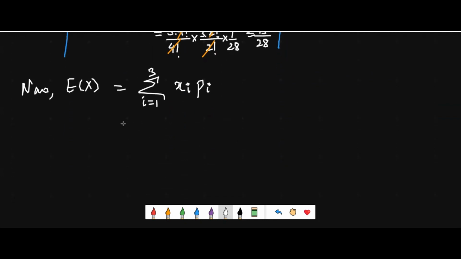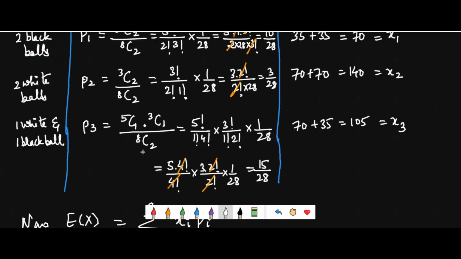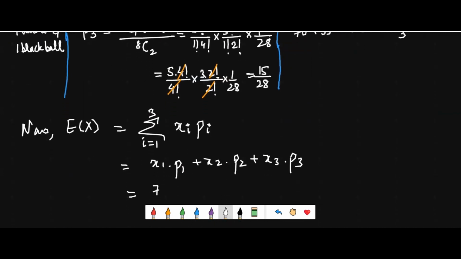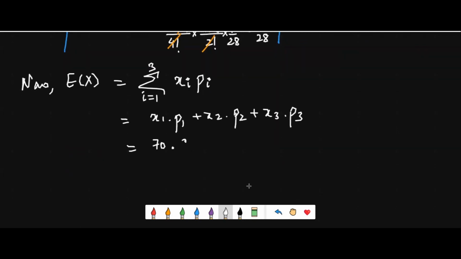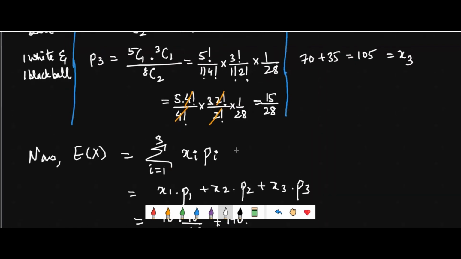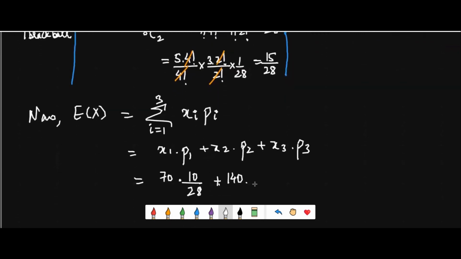So this is given by x1 into p1, x2 into p2, x3 into p3. x1 is given as 70 into 10 upon 28. x2 is 140 with its respective probability, that is 3 upon 28. x3 is 105 with the respective probability 15 upon 28.